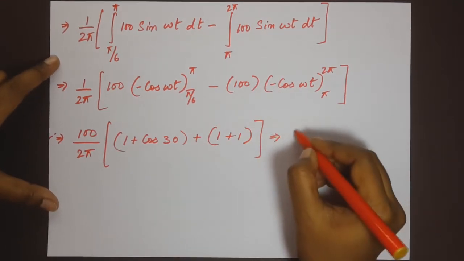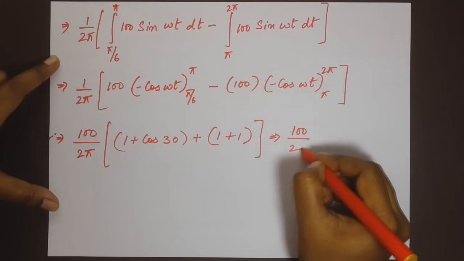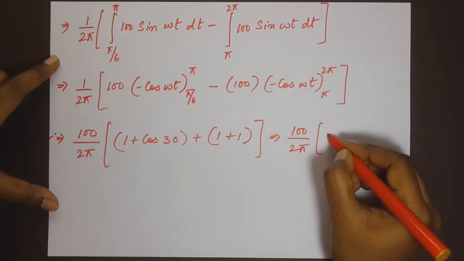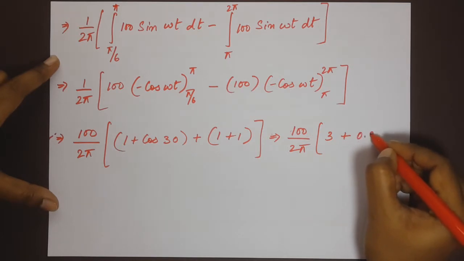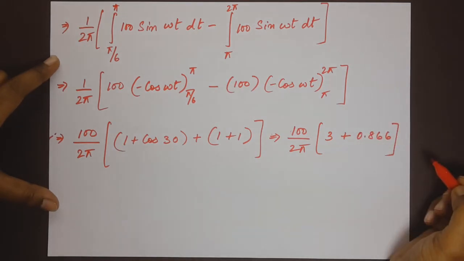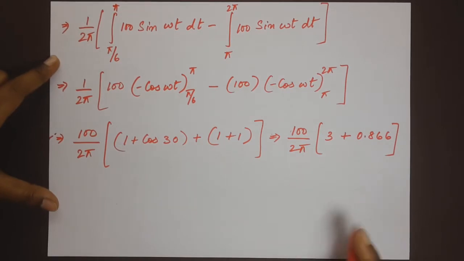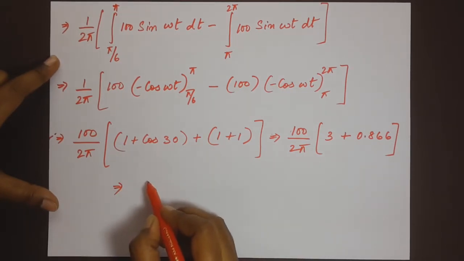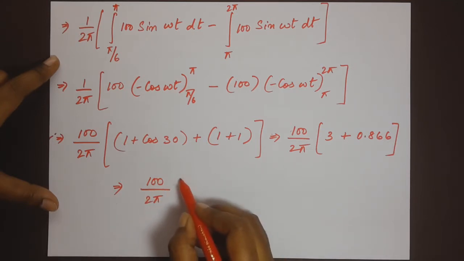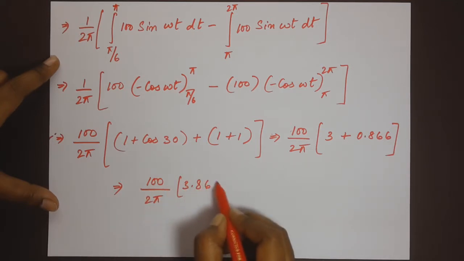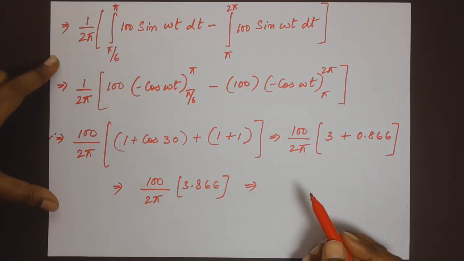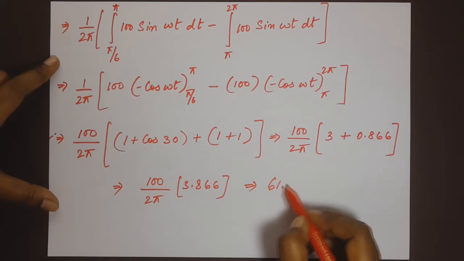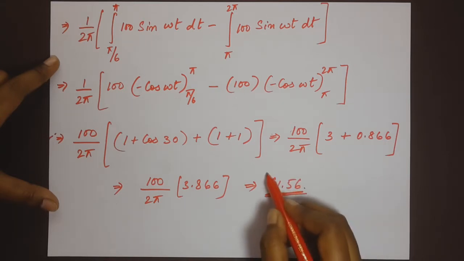And this will further give us 100 by 2 pi into 3 plus cos 30, 0.866. Right. Let's further solve this. We will arrive at 100 divided by 2 pi into 3.866. And finally, to solve this, you will get a value of 61.56.